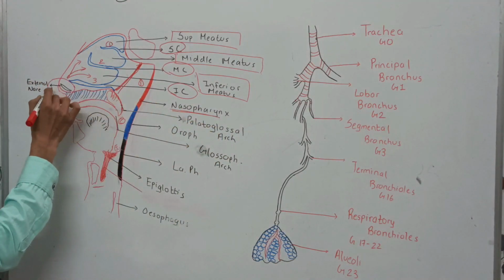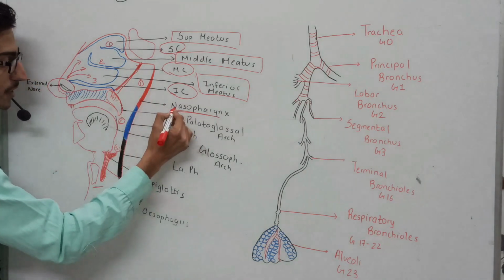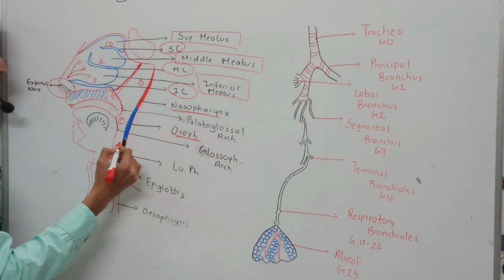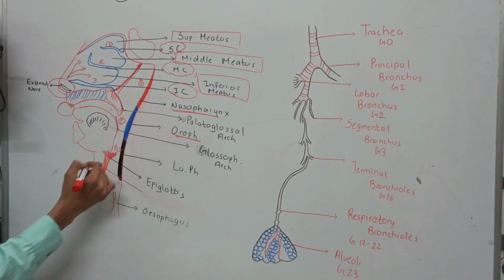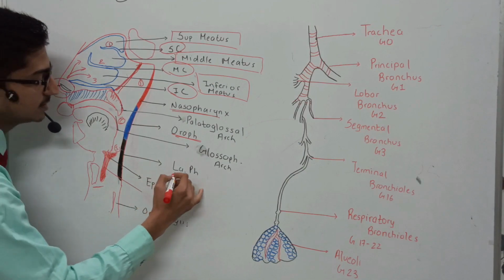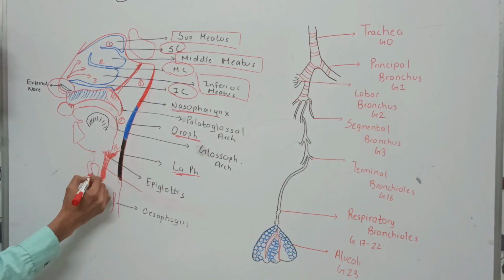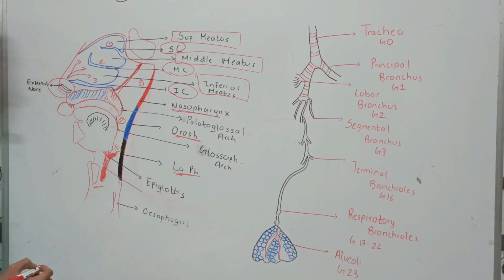As you can see, it is behind the nose, so it is known as nasopharynx. Second one is oropharynx. As you can see, it is behind the mouth, so it is known as oropharynx. Third structure is laryngopharynx. As you can see, in front there is the larynx, so it is known as laryngopharynx.